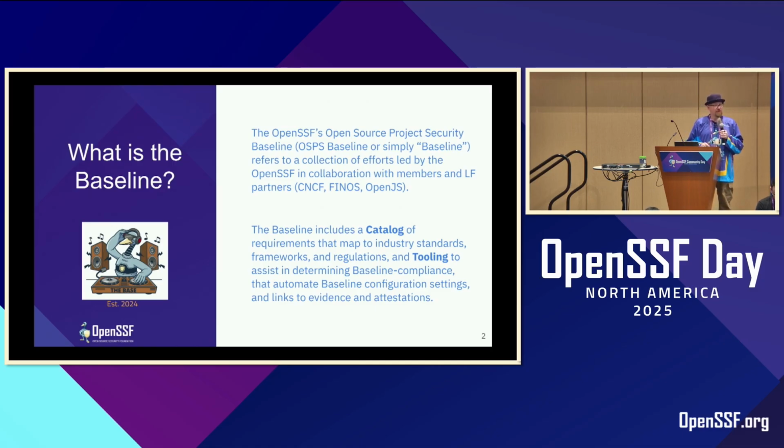This is an effort we started back in 2024, and it is not a new concept. Anyone here work in an enterprise where, before you put systems online, you have to go through a checklist of things before that system is authorized to go into production? Yeah. So that's where the baseline was inspired from: a list of good and interesting things that people should do prior to going to production.